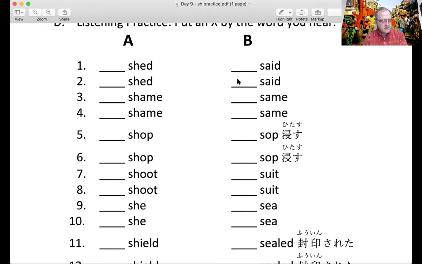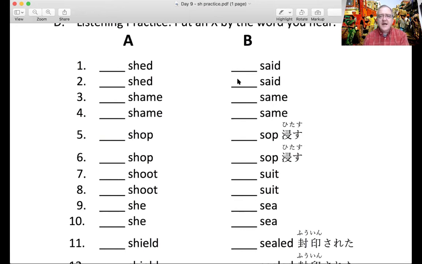Number 12, shield, shield. Number 13, seep, seep. Number 14, sheep, sheep. Number 15, sheet, sheet. Number 16, seat, seat. Number 17, sear, sear. Number 18, shear, shear.